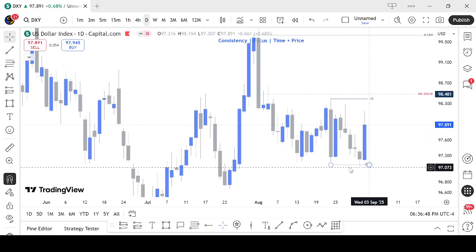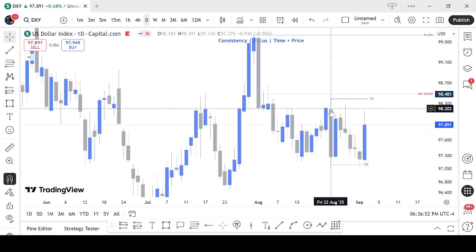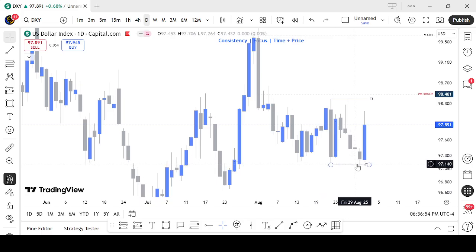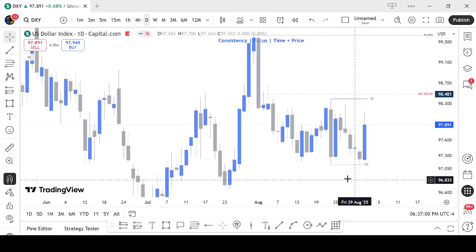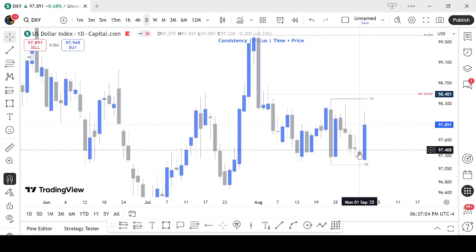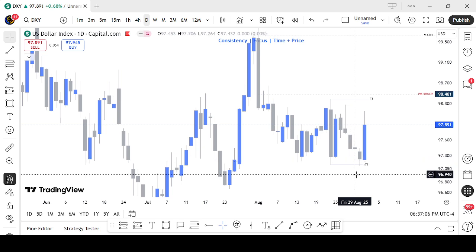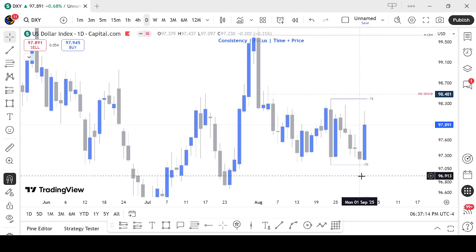This positive TS is just me saying that price coming all the way down to this place is going to be a positive turtle soup. That means price is not going to continue going lower. It is going to turtle soup it and go higher, meaning, if you understand what turtle soup is, it sweeps the liquidity and reverses. And exactly that's what happened here. We see price turtle soup it and reverse.